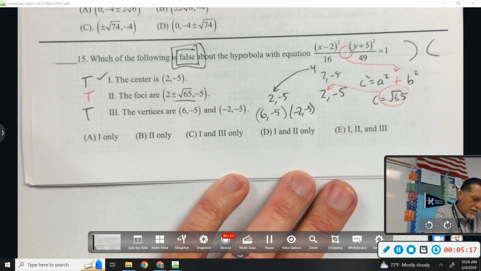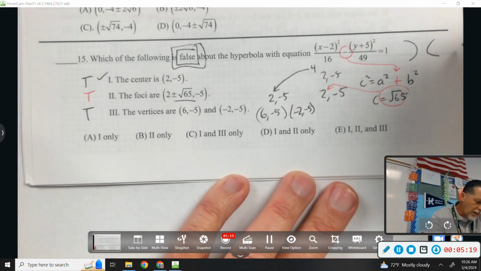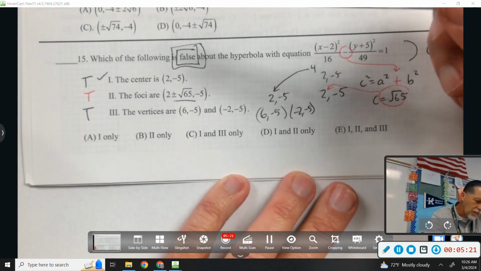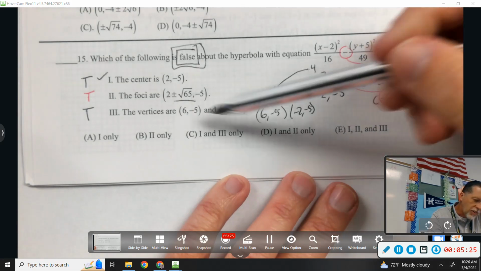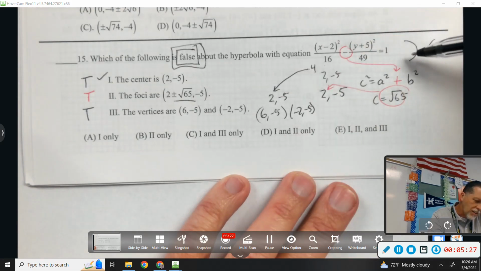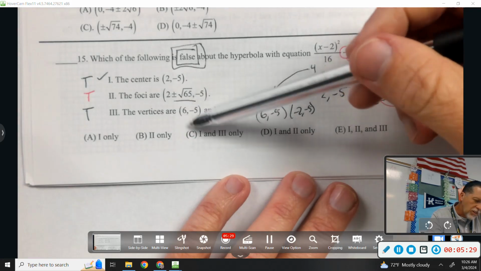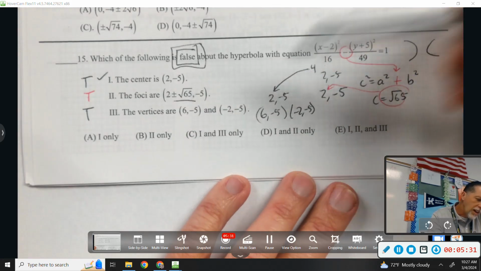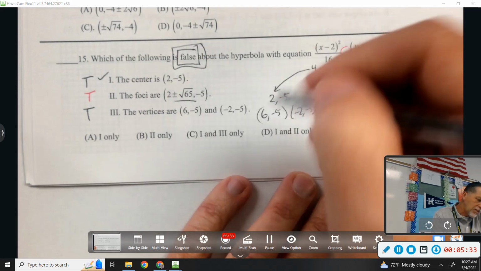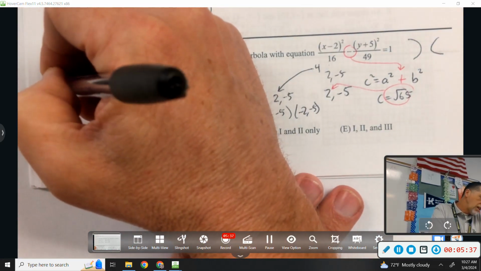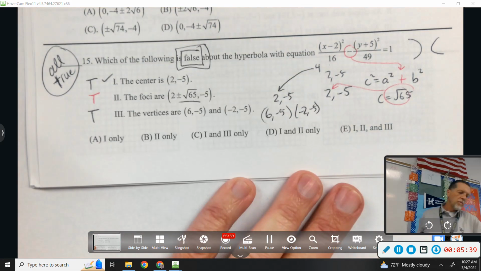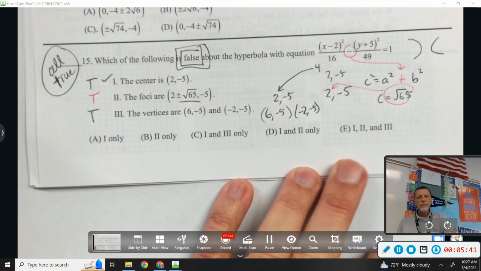I like that. Foci are definitely left and right, so we change the x-coordinate by square root of 65. Vertices are left and right, so we change the x-coordinate by 4 in either direction. So I'm saying they're all true, which means none of my answer choices are correct. So they're all true. None are false.